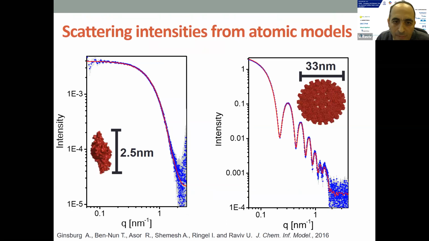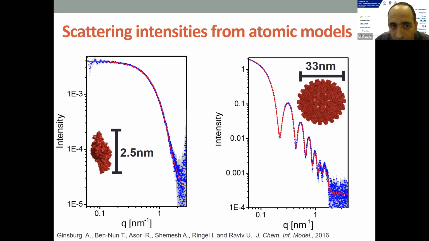And just to demonstrate what it looks like, if you see the scattering curve, this is the intensity as a function of the scattering angle from the dimer. The blue symbols are the data, the gray bars are the noise, or the error bars of the data.